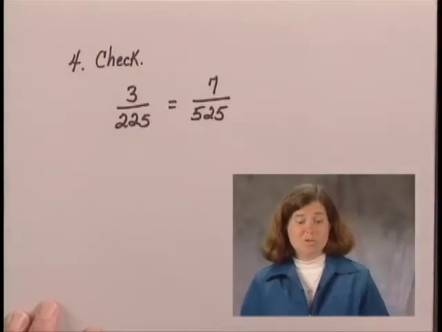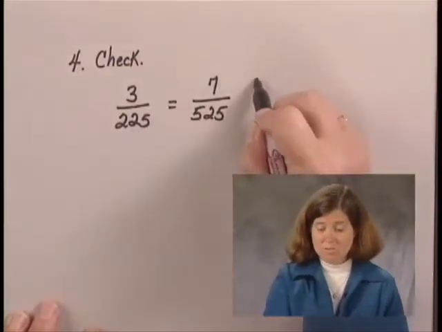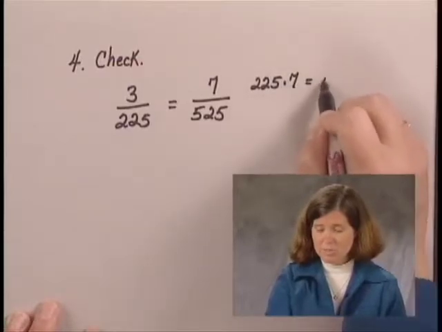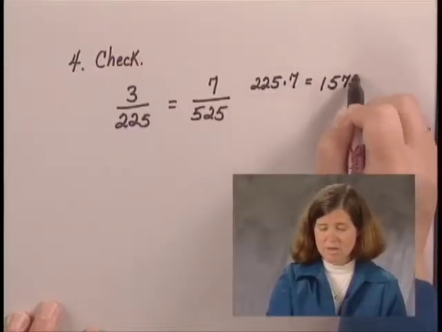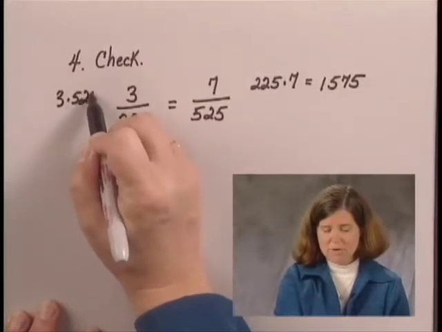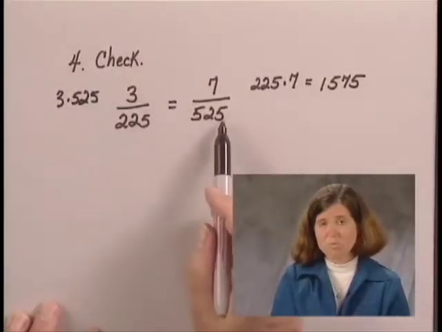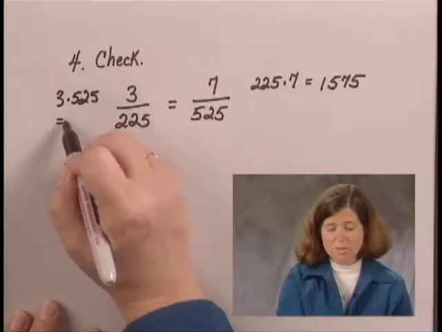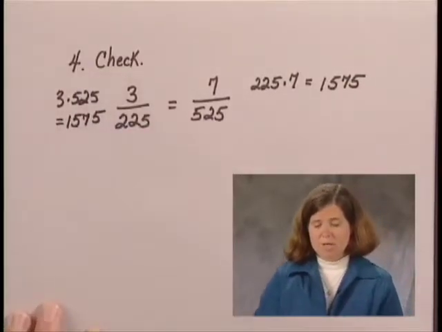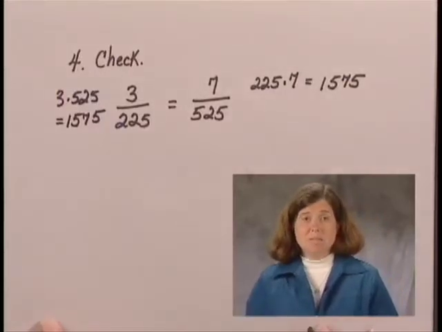So to check, let's check cross products. 225 times 7 is 1,575. 3 times 525, looking at this cross product, if we multiply that out, we would also get 1,575. So 525 miles does check.